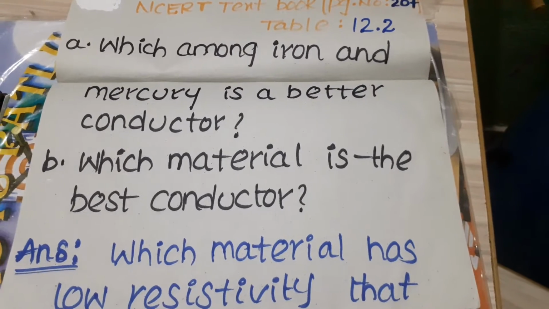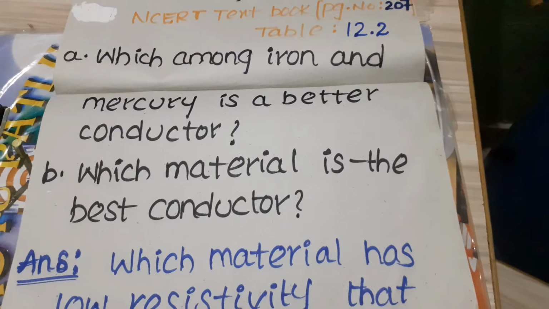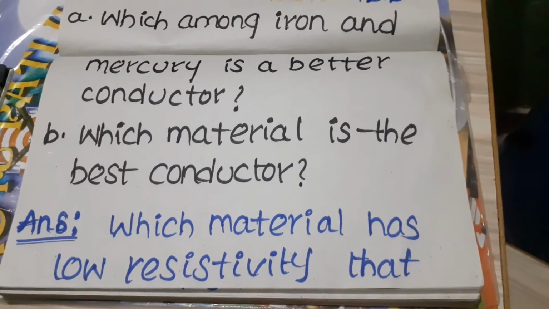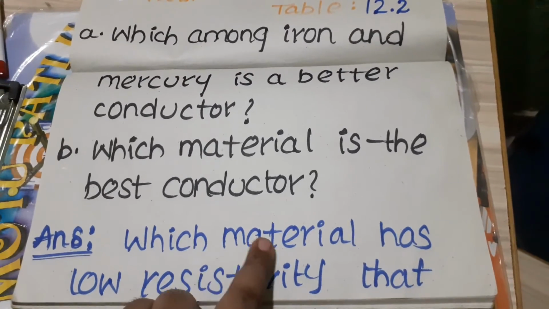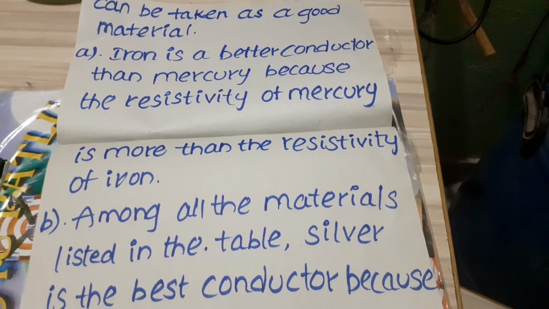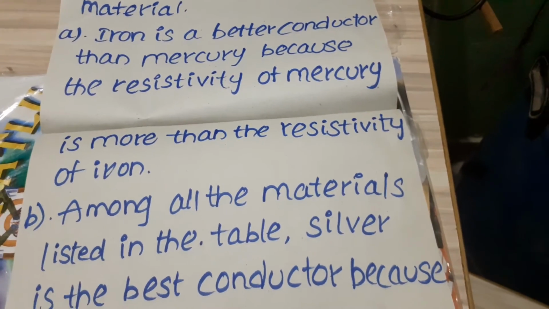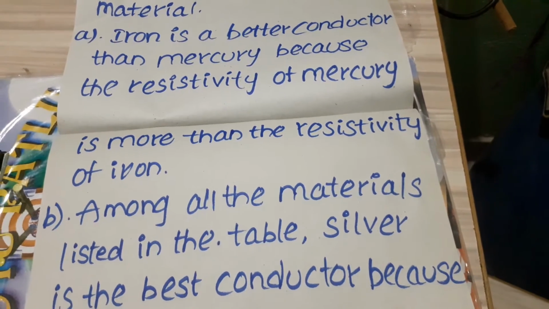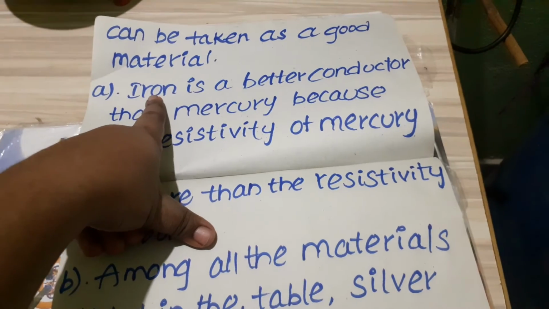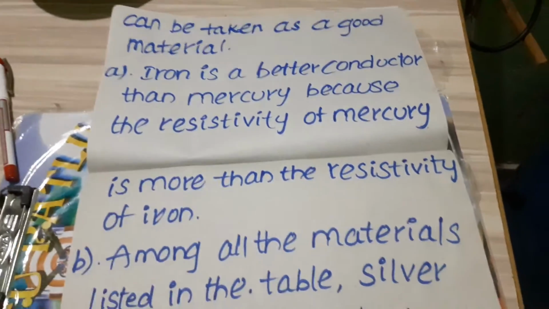We are taking iron and mercury as the two conductors, and which is better depends upon the resistivity value. The material which has low resistivity can be taken as a good conductor. So the answer for A: mercury is a better conductor than iron because iron has more resistivity than mercury.